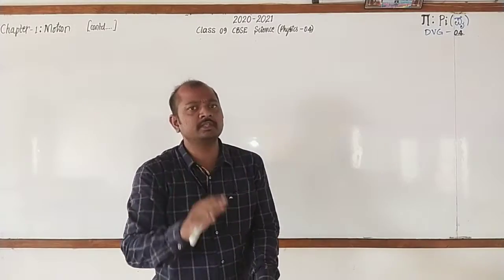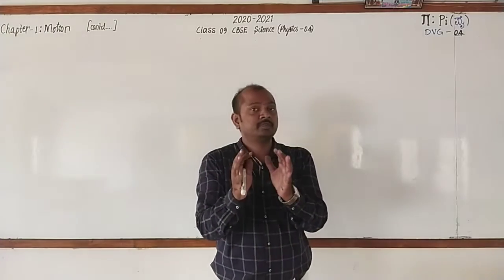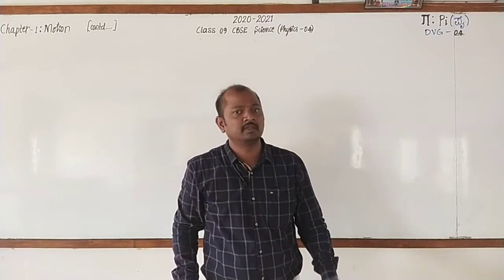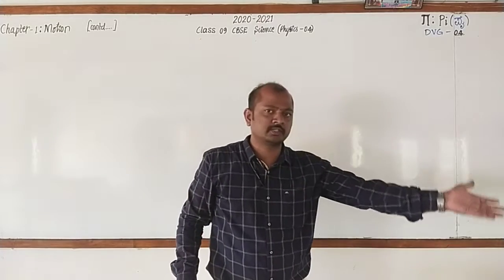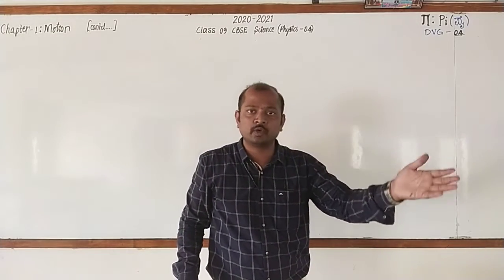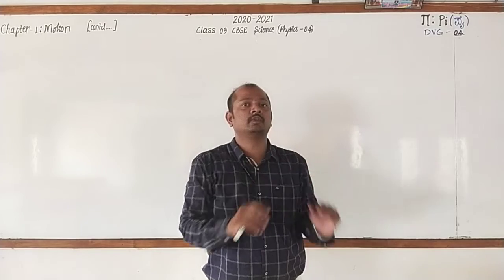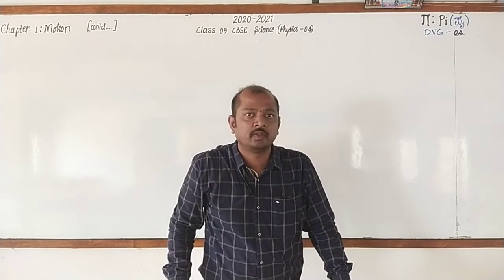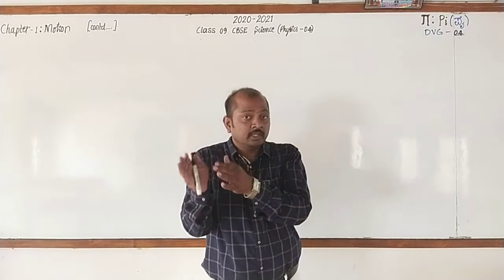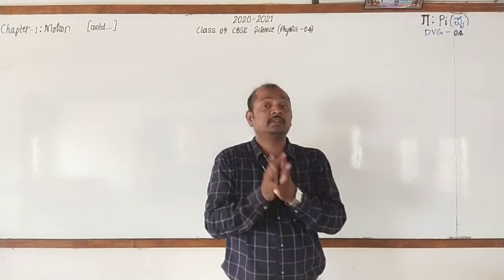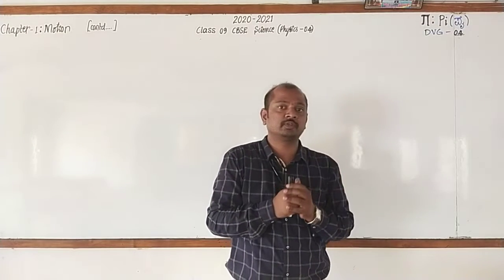See that in all these cases, the objects are changing their speed. Sometimes they move faster, sometimes they move slower, sometimes they move with uniform motion, right? As there is a change in the speed, it can be calculated with respect to time.